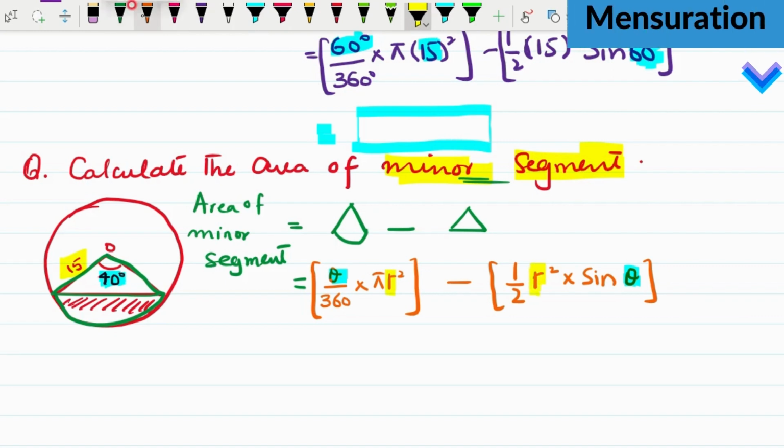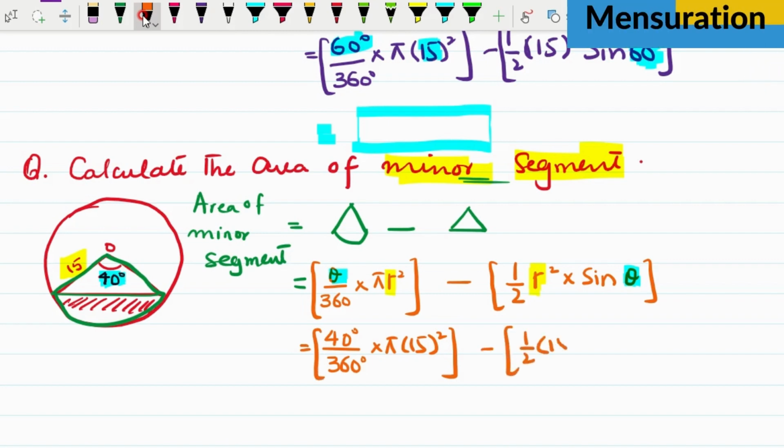So let's substitute it now. Theta is 40 here, and that will be over 360, into pi, and r is 15 square. So this is how we can easily calculate the question. 15 square same as, and 40 will come instead of theta.